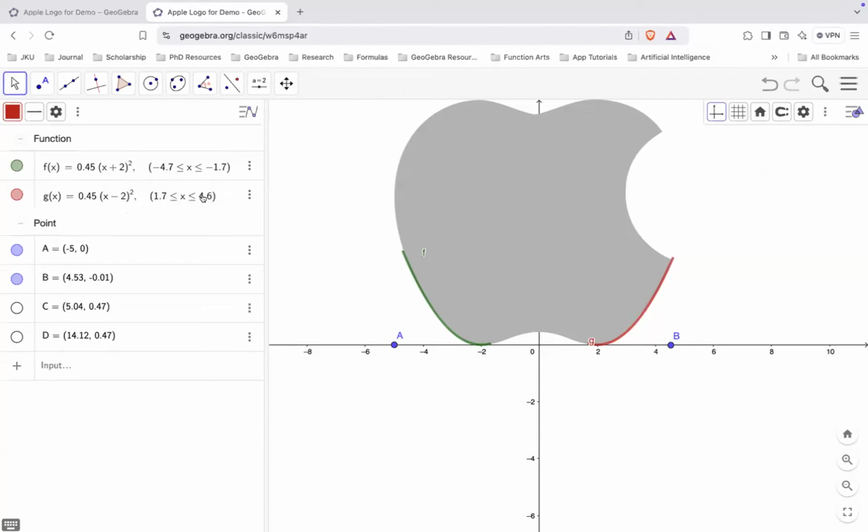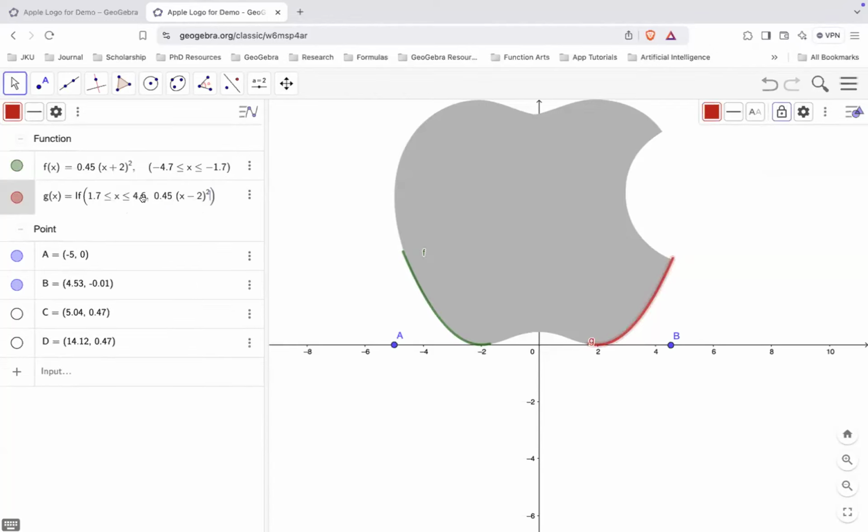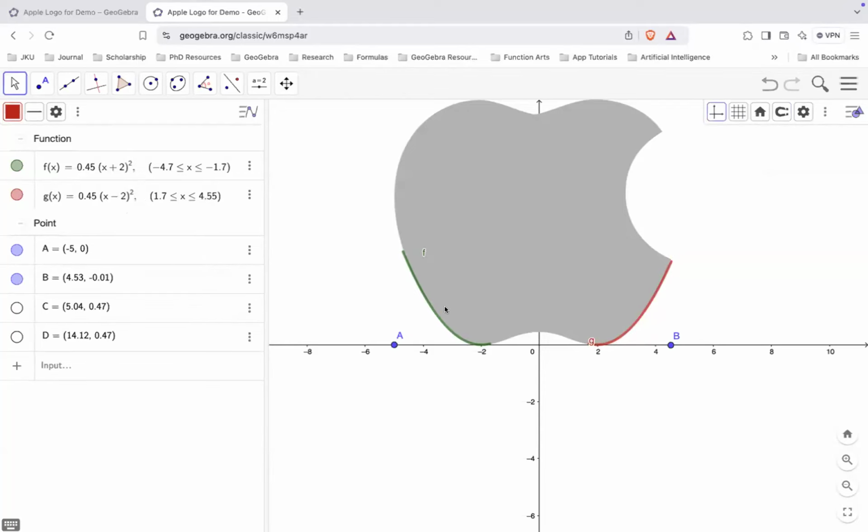So 4.55 is correct. I think someone said 4.55. So I think, yeah, 4.55, sabi ni Carmen. Great. Okay, so I think you're getting the idea.